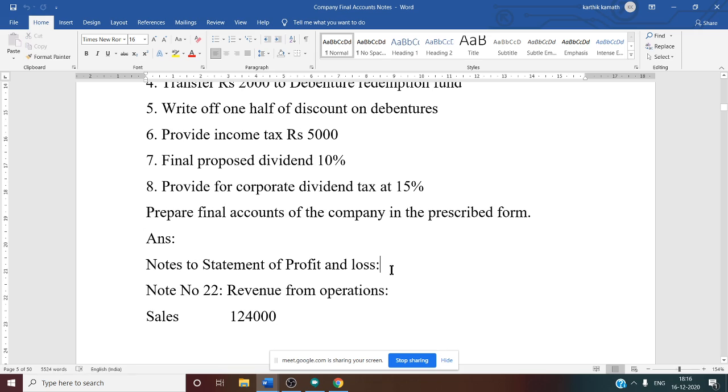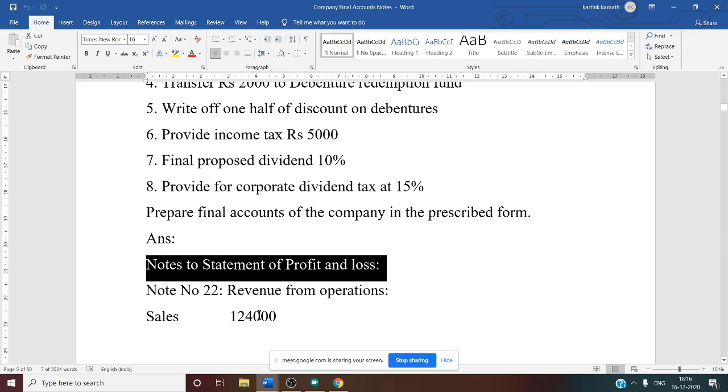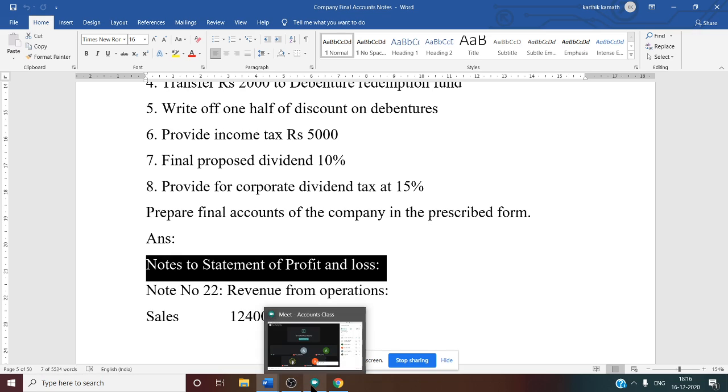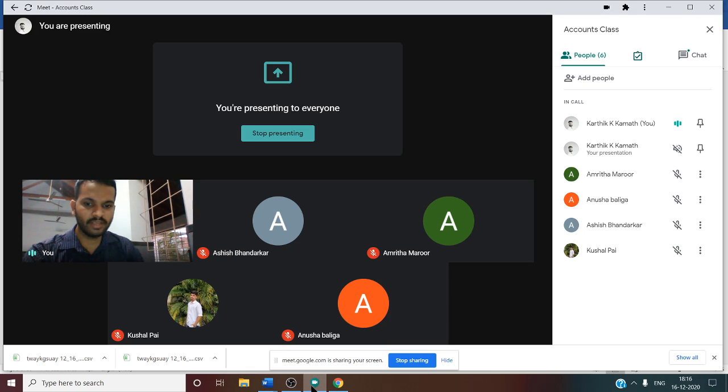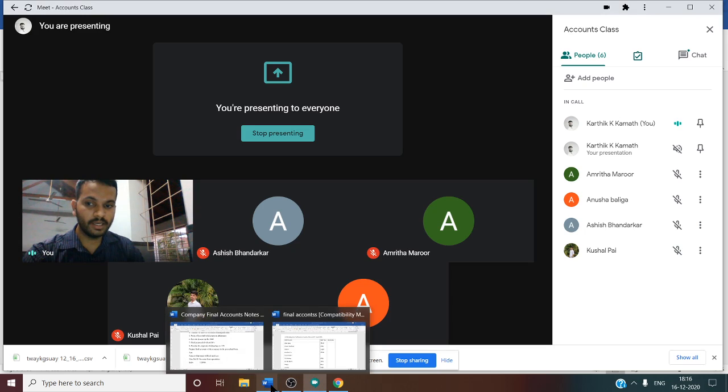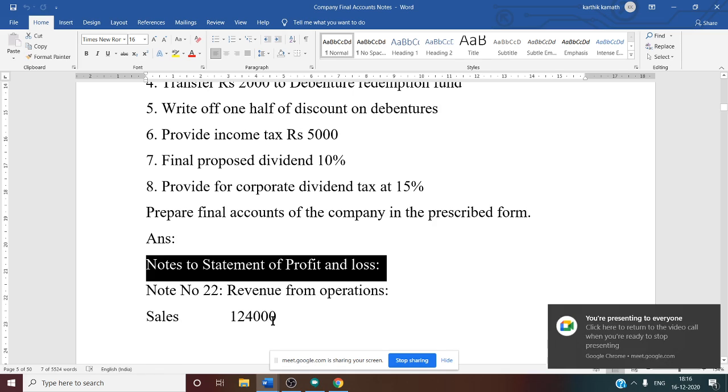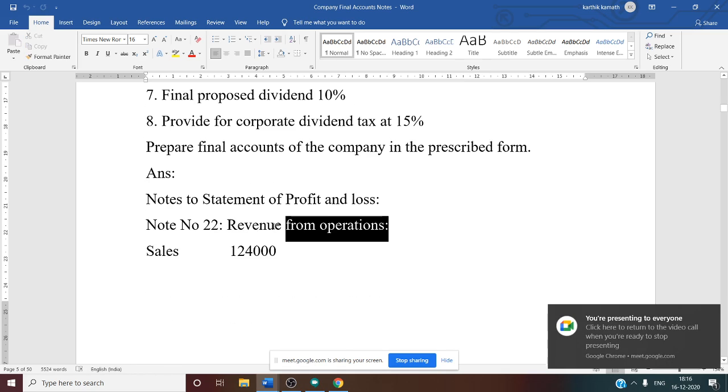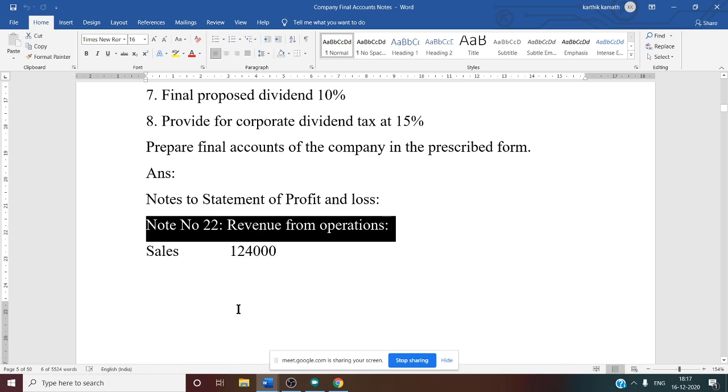So now let us start from notes to statement of profit and loss. Here, when we discussed the format, we have seen that under profit and loss account, the first working note starts from working note number 22. Working note number 22 is revenue from operation, and under revenue from operation only one piece of information is given in the trial balance.